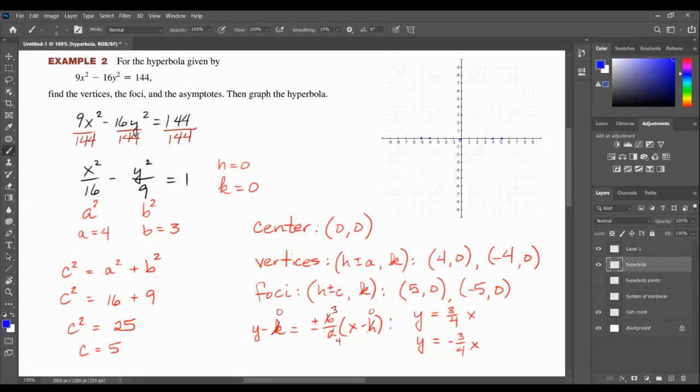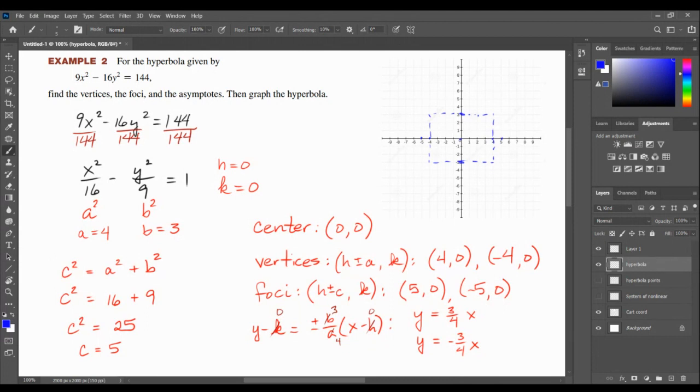B is 3, so I can come up 3 and down 3. That will actually allow me to create my box. And recall, this box is really just to help with graphing, because the asymptote actually connects the corners of the box.